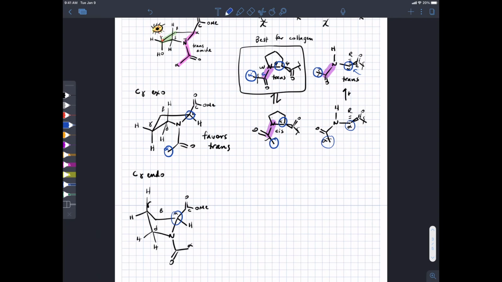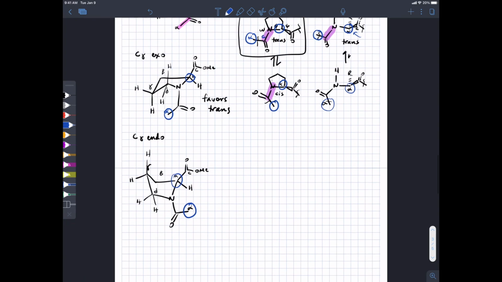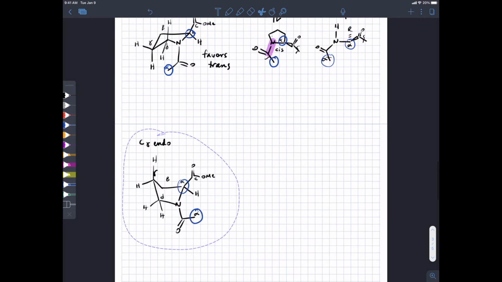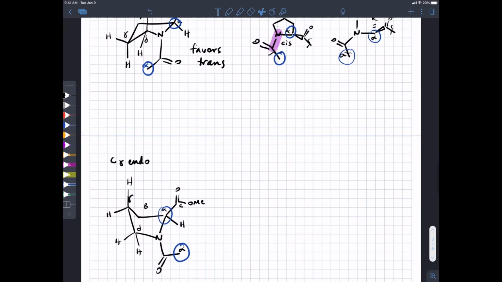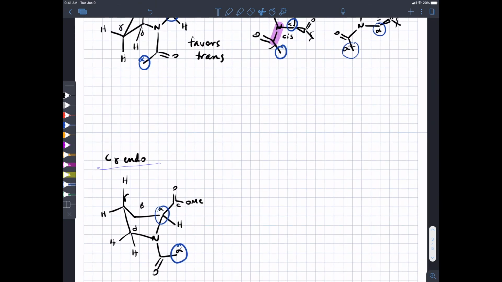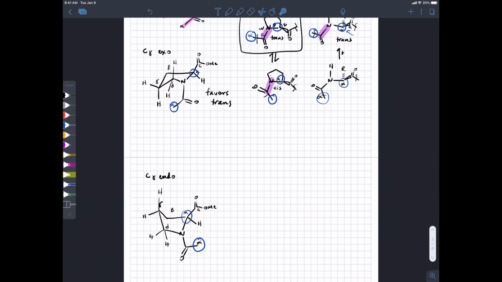This is based on studies of proteins that have proline in them and just analyzing them. When you have cis amide bonds, the ring tends to have a C gamma endo pucker. When you have trans amide bonds with proline, the ring tends to have a C gamma exo pucker. All right. Convoluted, I know. But the story is actually interesting.